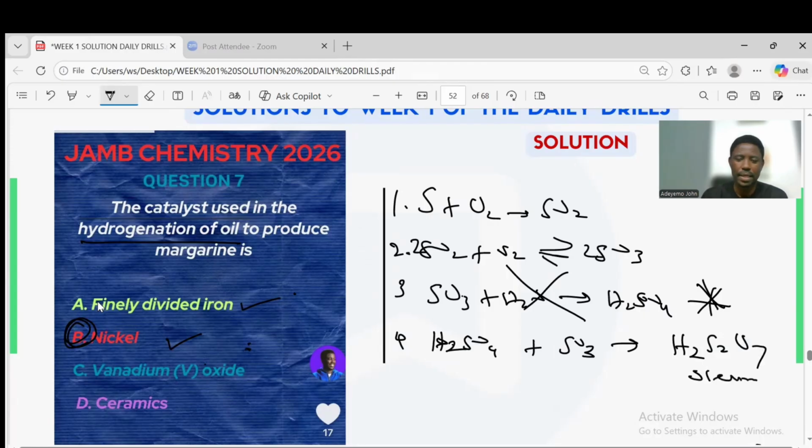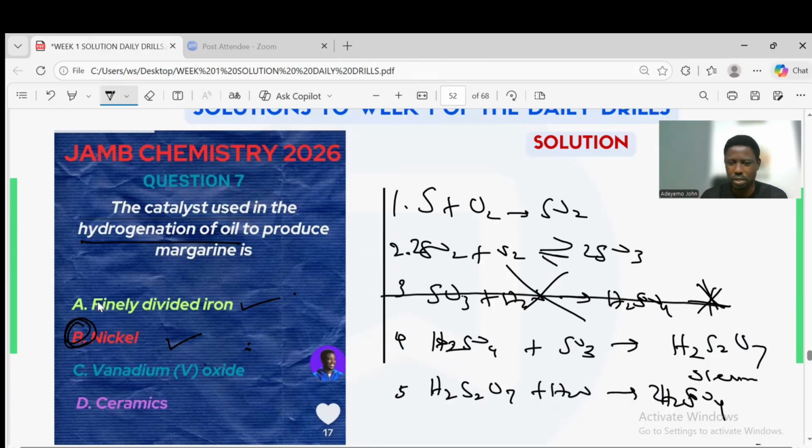All right. Then the oleum will now be the one to dissolve in water. This one is calm and H2SO4 will be formed. Okay. So this one is not a step that we explore, but it's actually possible to produce H2SO4 from there, but it's very dangerous. And we go through the other routes. All right. So that is like that.